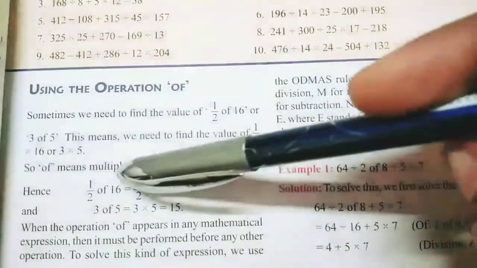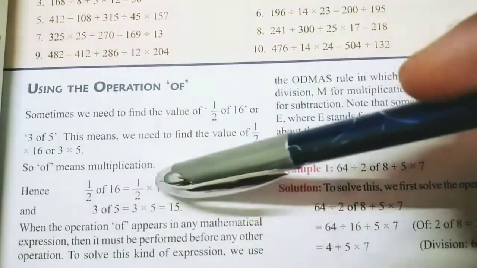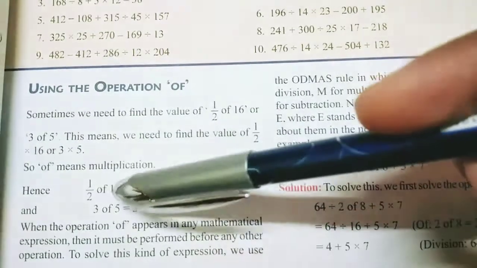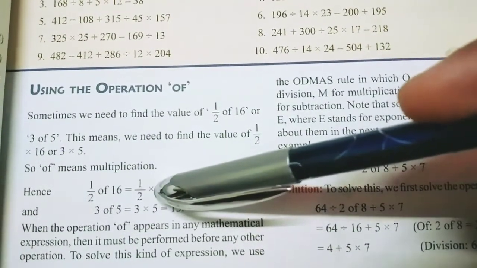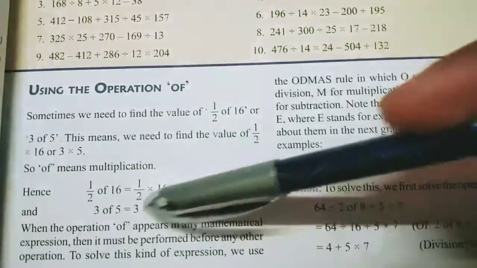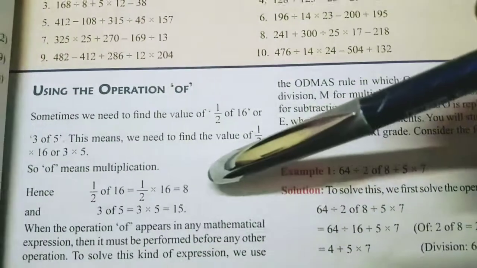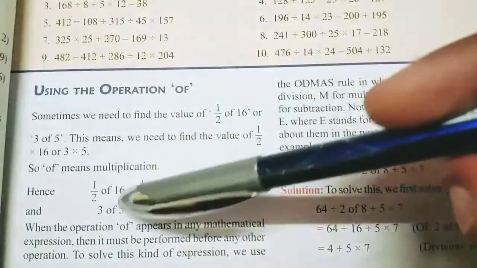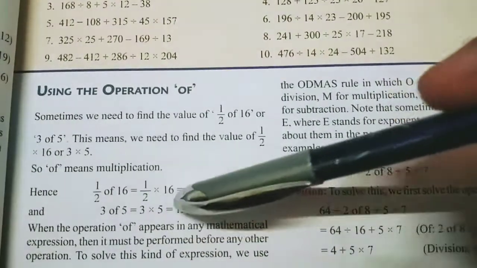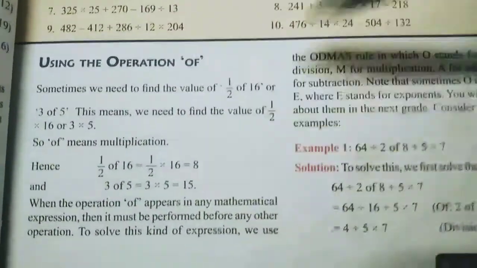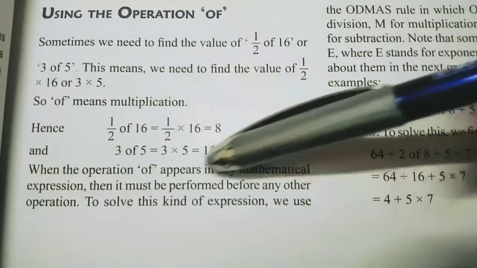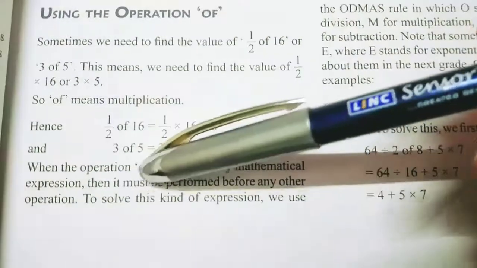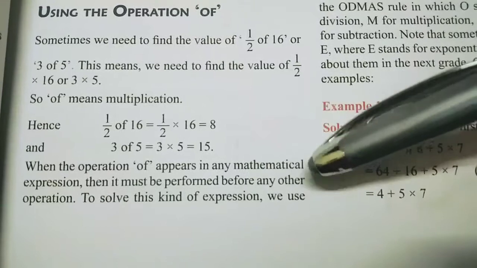So 1 by 2 of 16 means 1 by 2 into 16. In the place of OF you will write the multiplication sign, then do the multiplication process. You know already about this. Then 3 of 5 means 3 into 5, so it is 15. So OF is nothing but the multiplication operation.